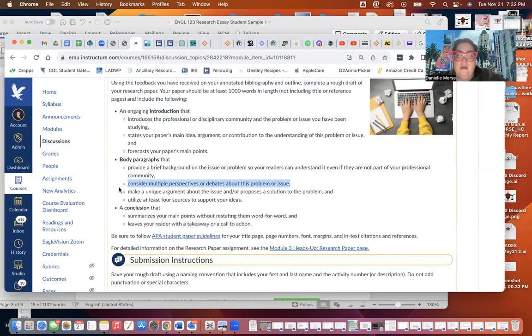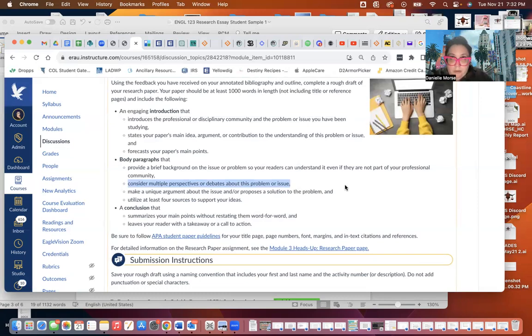So in the body paragraphs, it's saying, provide a brief background on the issue or problem. Very brief, because most of this should be done in your introduction. Consider multiple perspectives or debates about this problem or issue. Note that this is not an order. These are just things that should be present.